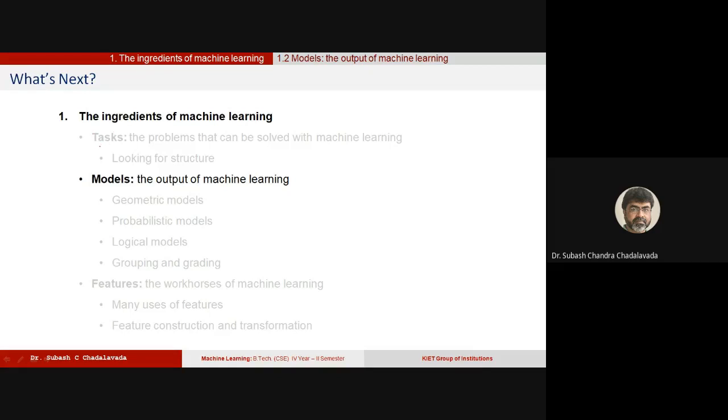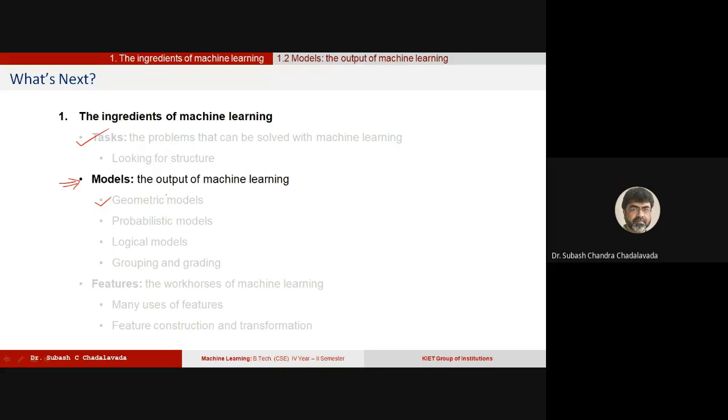We discussed tasks in detail. Today we will discuss models, mostly the geometric models.